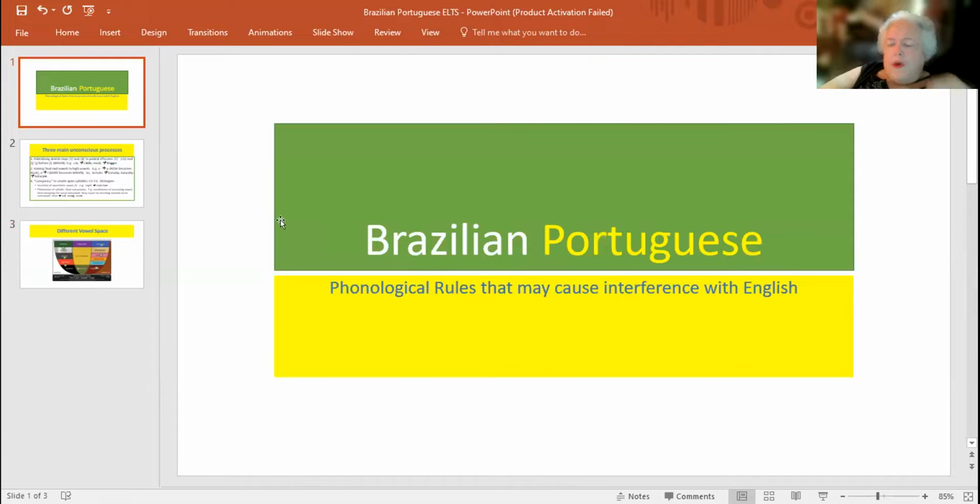So what I want to talk about now is the unconscious parts of Brazilian Portuguese, the rules that might cause interference with English that the speakers of Brazilian Portuguese are not aware of. This is in addition to any differences in spelling and pronunciation of letters and so on, which would also cause problems. So I'm going to talk about three main things, and there are other issues as well.